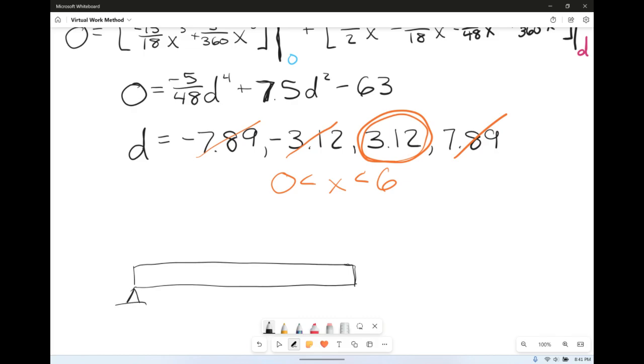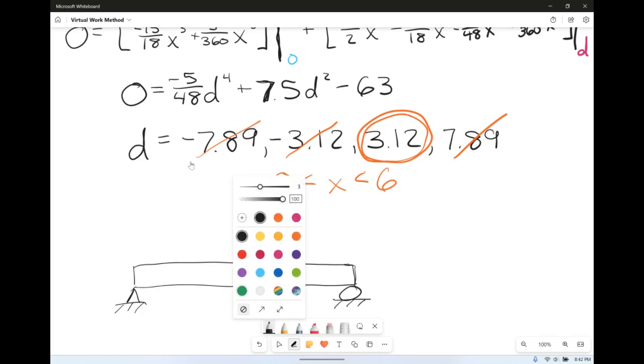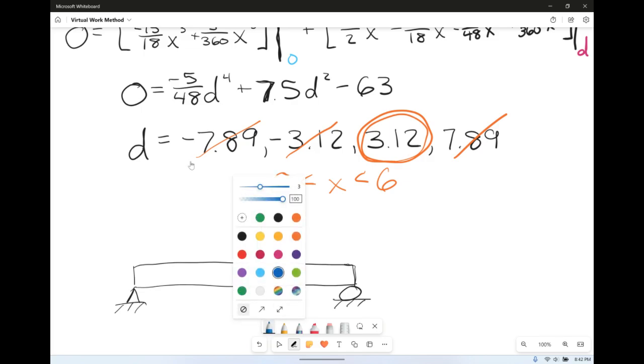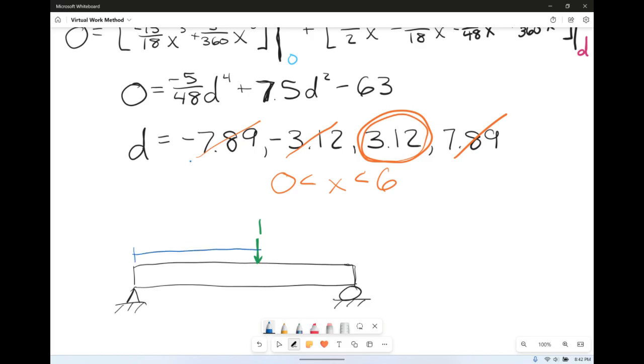So on our beam, we're going to come back and add a point downward force of 1 at our distance of D, which was 3.12. So of course the other direction is 2.88 because our grand total beam is 6 meters. And we're going to do the same thing. We're going to analyze it all over again.